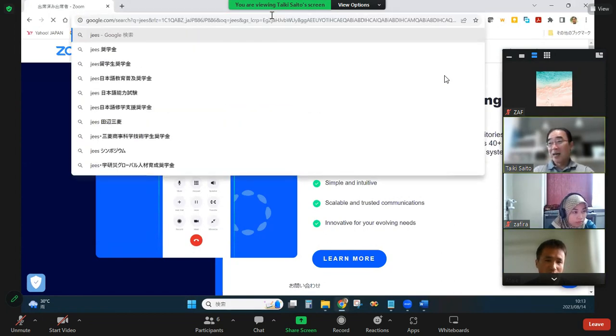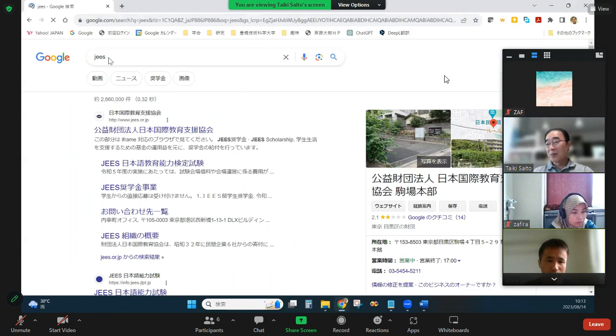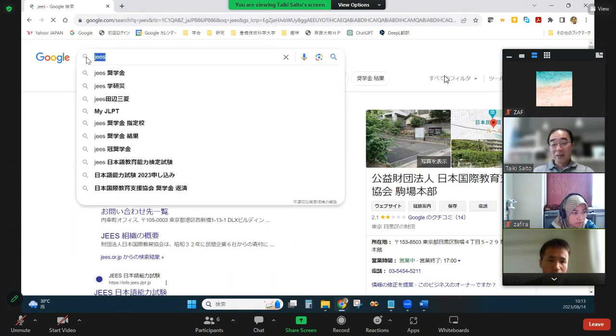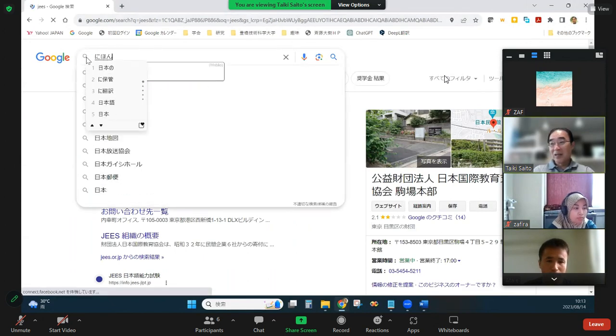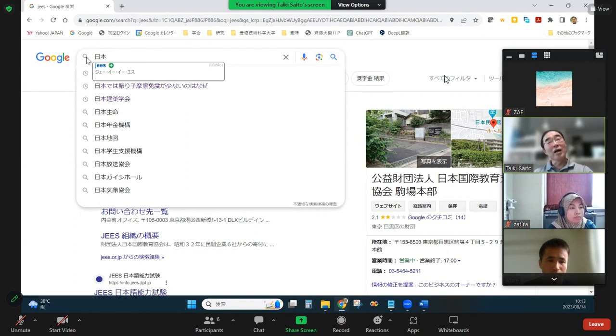Actually, they accept mainly Japanese papers, but they also accept papers in English. And there are two templates, one for Japanese papers, and in the Japanese template there is no cover letter.